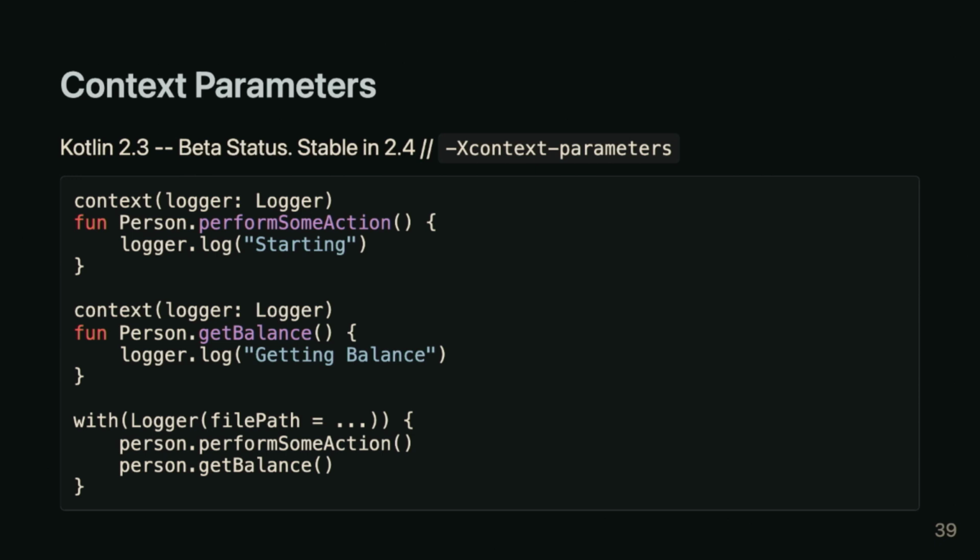So you'll see I have two functions. They say that you need a logger to be able to call them. Now within that function, I can use that logger and just call functions on the logger. So similar to passing just regular parameters to a function, but what's the advantage here? Let's say in this with statement at the bottom, I had 10 different functions that all needed a logger.